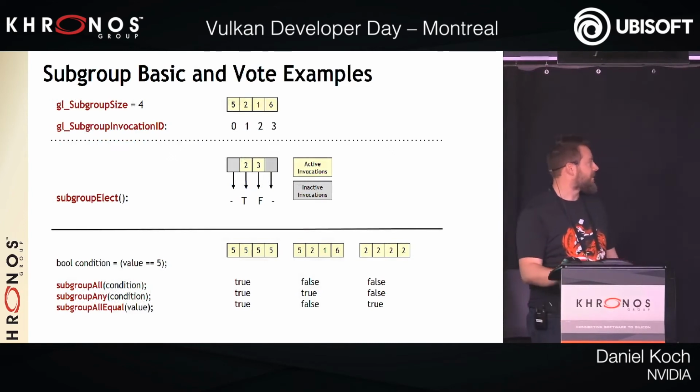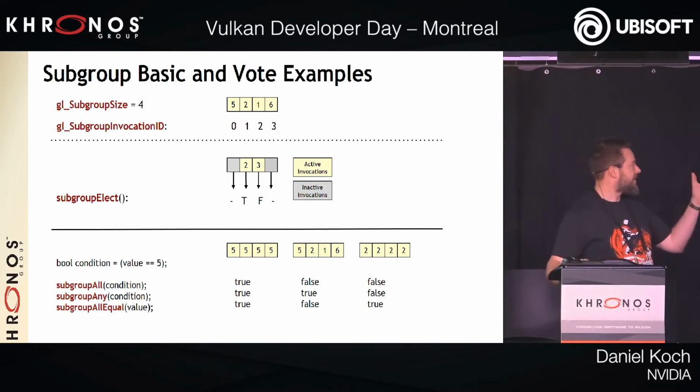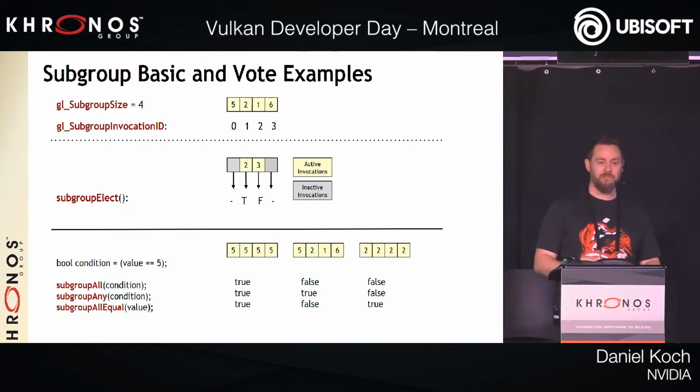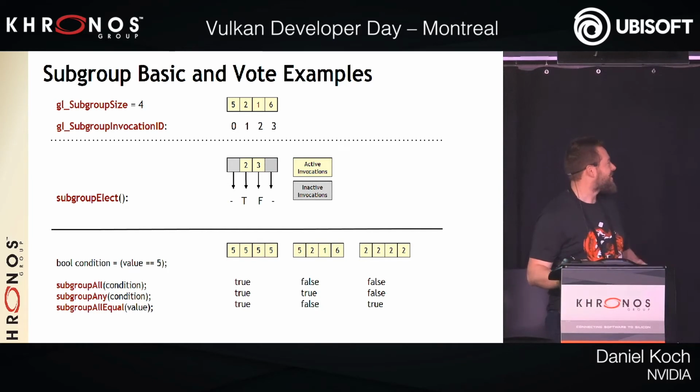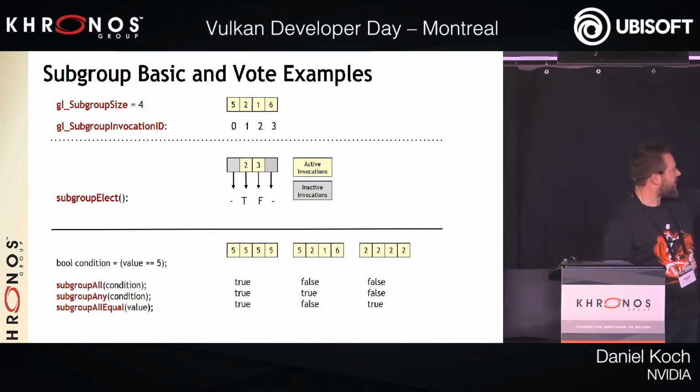So just some examples. I'm going to have a lot of examples in this presentation, and I'm just going to be using a subgroup size of 4. It's smaller than most implementations will have, but I don't want to try and work with 32 or 64 on the slides. It just gets unwieldy, and you can mostly understand it from a subgroup size of 4. In this case, I've got four invocations.